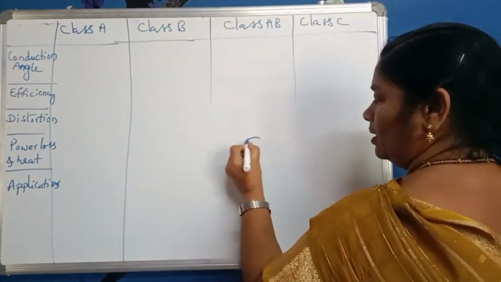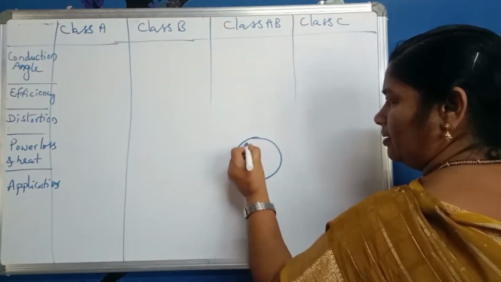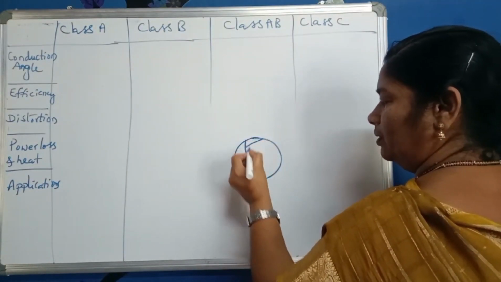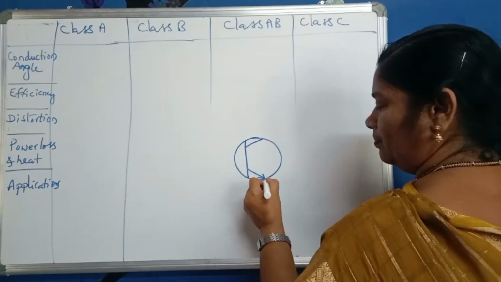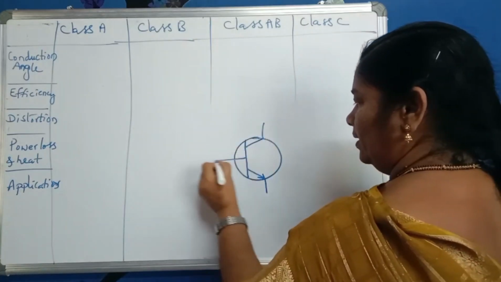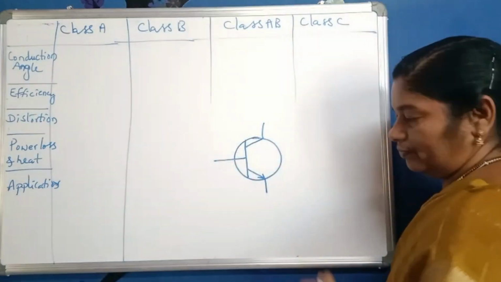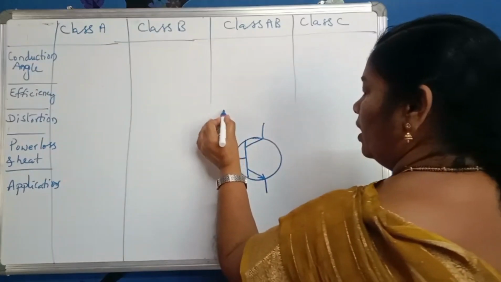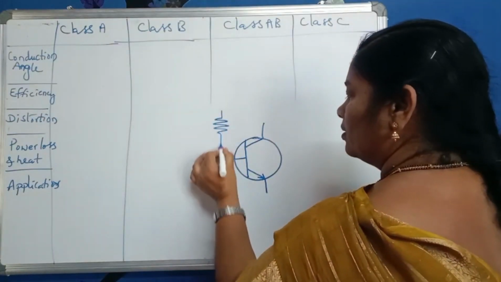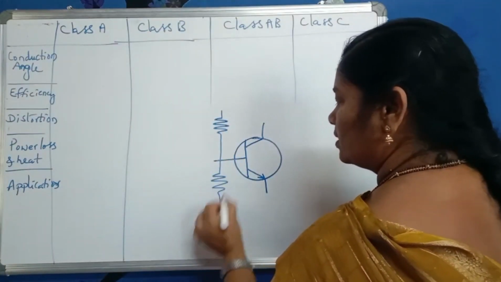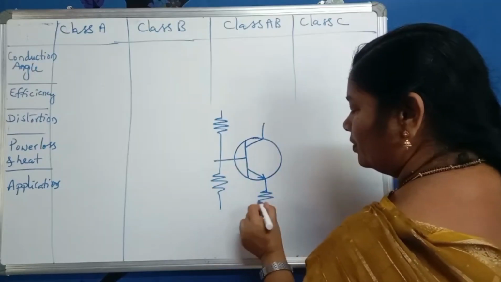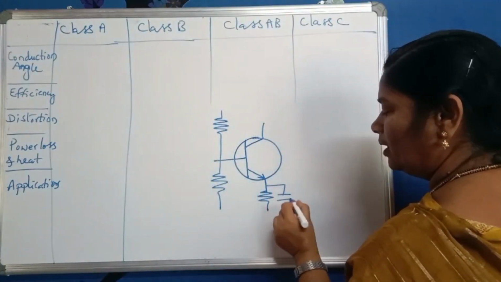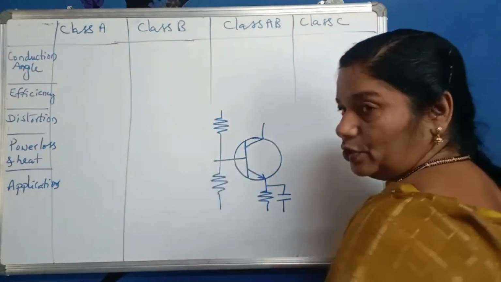First of all, a transistor is used for amplification and it is connected in common emitter mode. You know that. To keep the input junction forward biased and the output junction reverse biased, we have a biasing circuit.